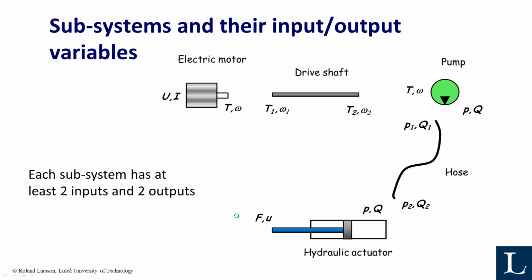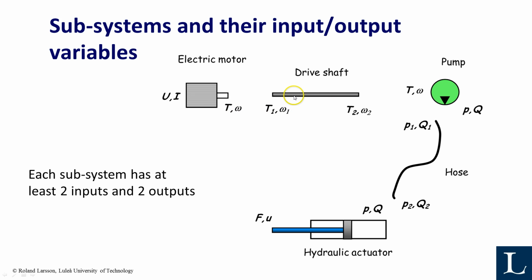If I go to the next slide, you can see for the electric motor, for example, at one end we have the voltage and current, and at the other end we transform that voltage and current to torque and rotational speed.